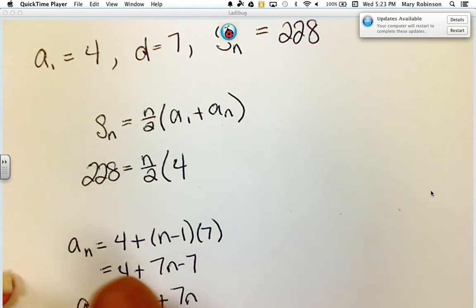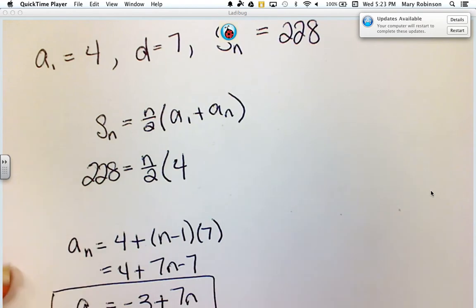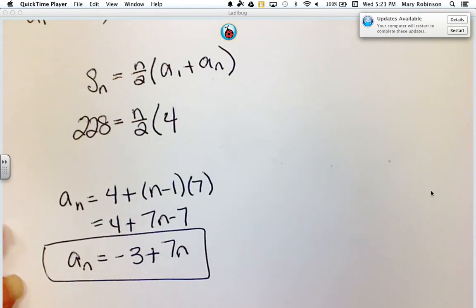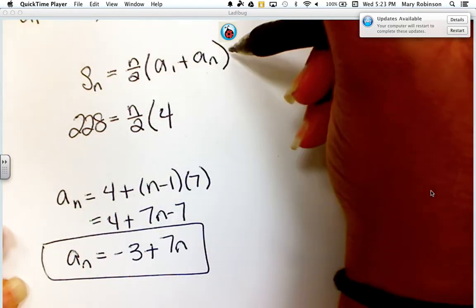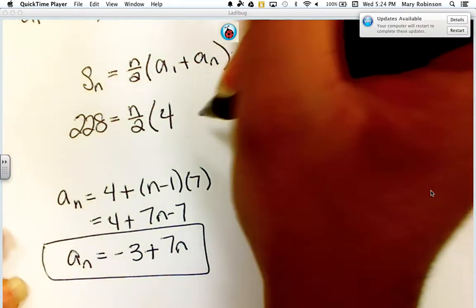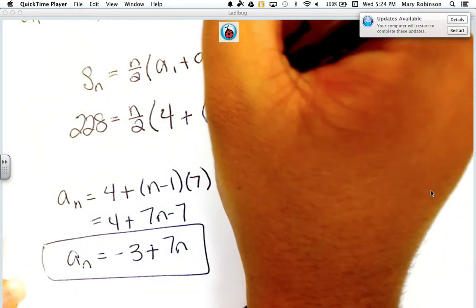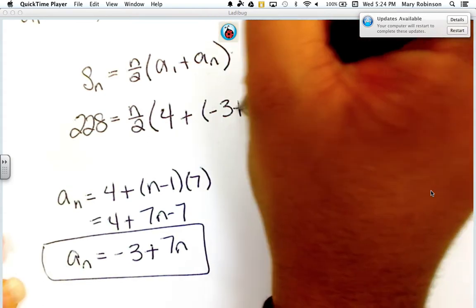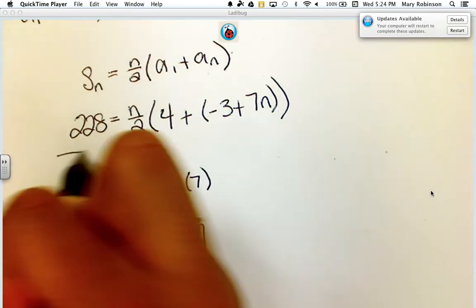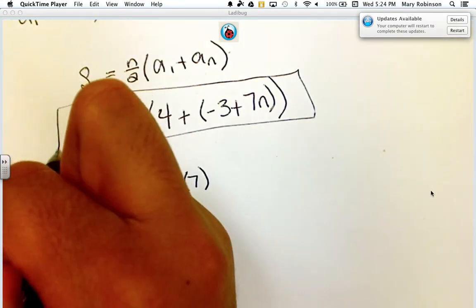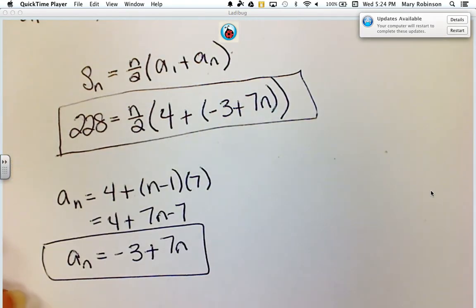So a sub n equals -3 plus 7n. Now this is going to go in for a sub n up here, so we have 4 plus -3 plus 7n. This is what we're going to use to solve for n.